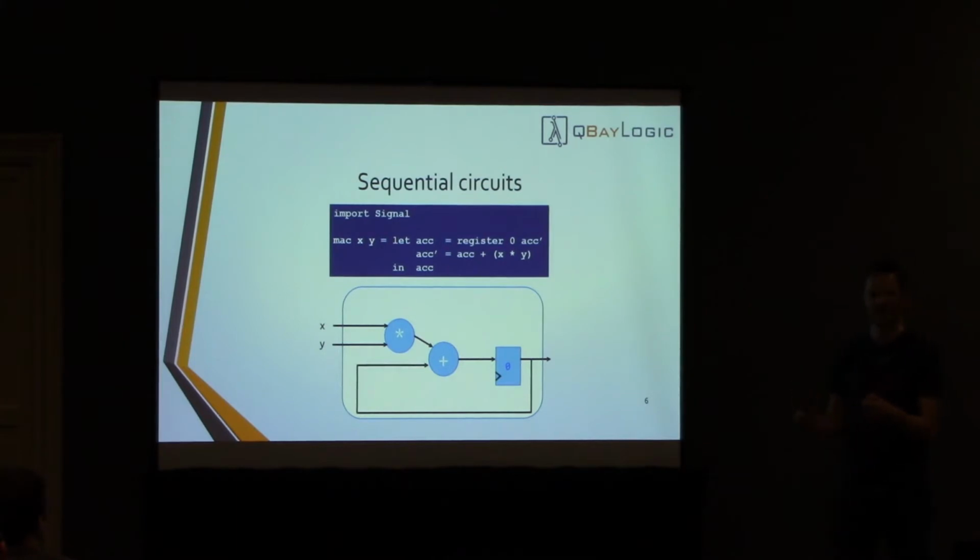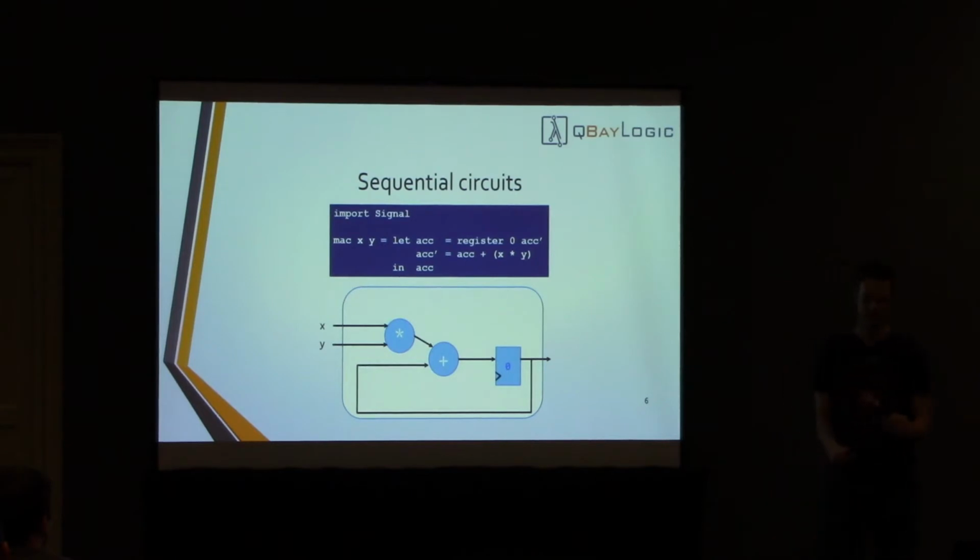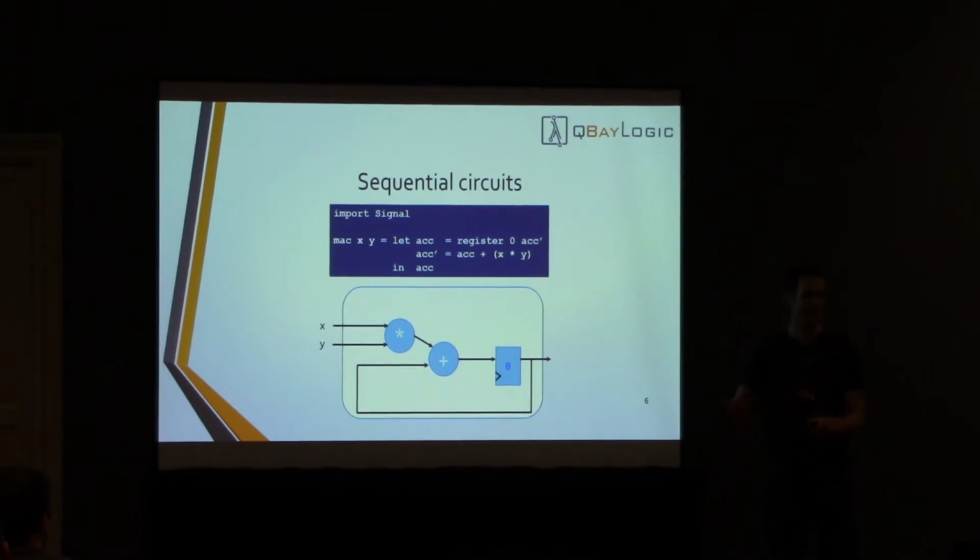So we have a register with an initial value of 0, and its input is going to be accumulator prime. And how is accumulator prime being defined? Well, it's the output of the register, accumulator, plus x times y. And of course, this uses the lifted Num instance. And what you can see here is that working in Clash, in this subset of Haskell, you're doing lots of tying the knot type of recursion.